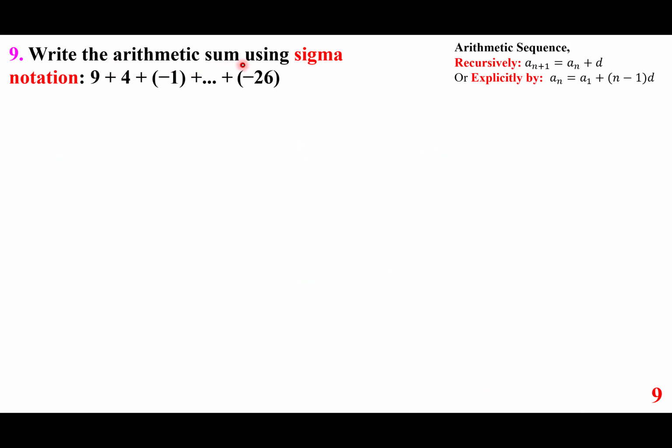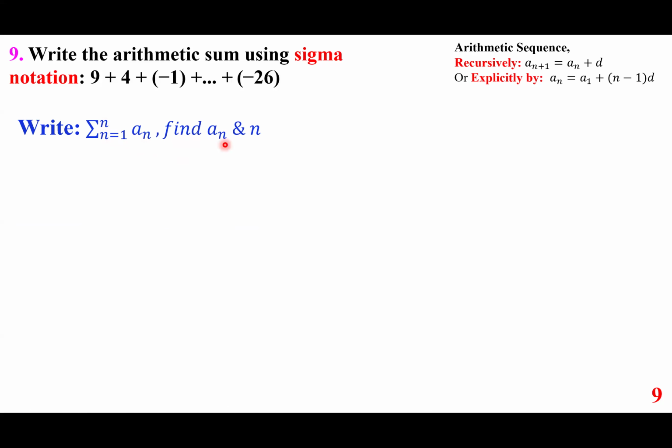Write the arithmetic sum using sigma notation: 9 plus 4, negative 1, and so forth. And again, reminding you of what an arithmetic sequence is. And so how do we write that? In this case, the idea is as follows, everybody. Write the summation of n going from 1 to n of a sub n.